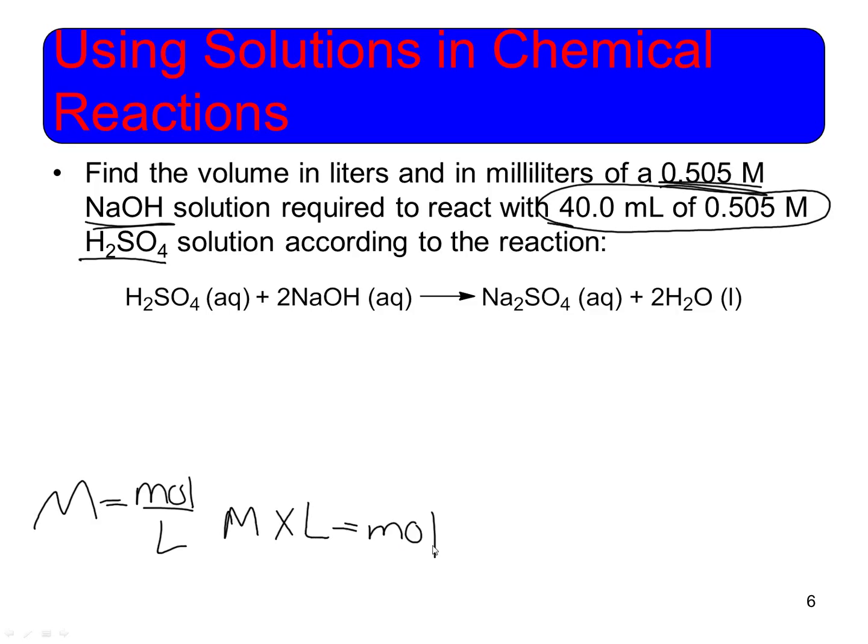So that's exactly what you're going to do here. You're going to take your molarity and your liters, and you're going to find moles. So let's write it this way, liters times moles. I'm going to write out my liters so we can convert.